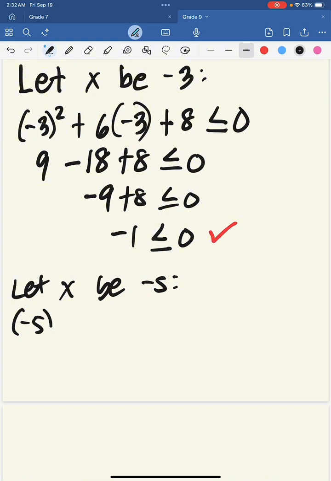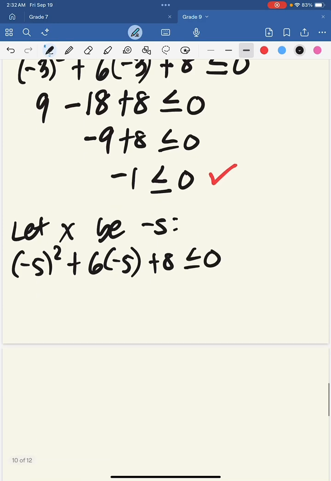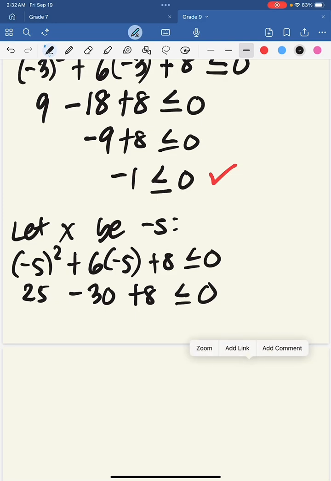So negative 5 squared plus 6 times negative 5 plus 8 is less than or equal to 0. Okay, so negative 5 squared is 25. This one is negative 30 plus 8 is less than or equal to 0. Now 25 minus 30 is negative 5.